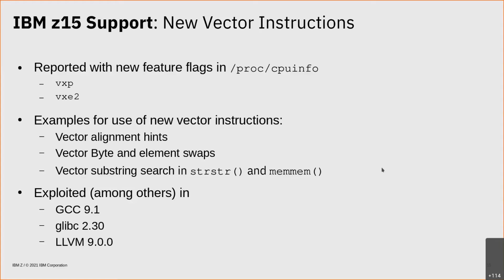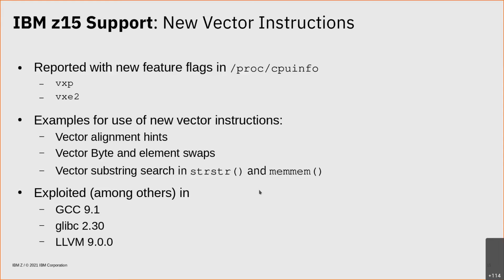What they bring is yet another set of vector instructions with a little more focus on string-related actions, like for instance searching for a substring or memcall. And we're taking advantage of all of these instructions at various places.